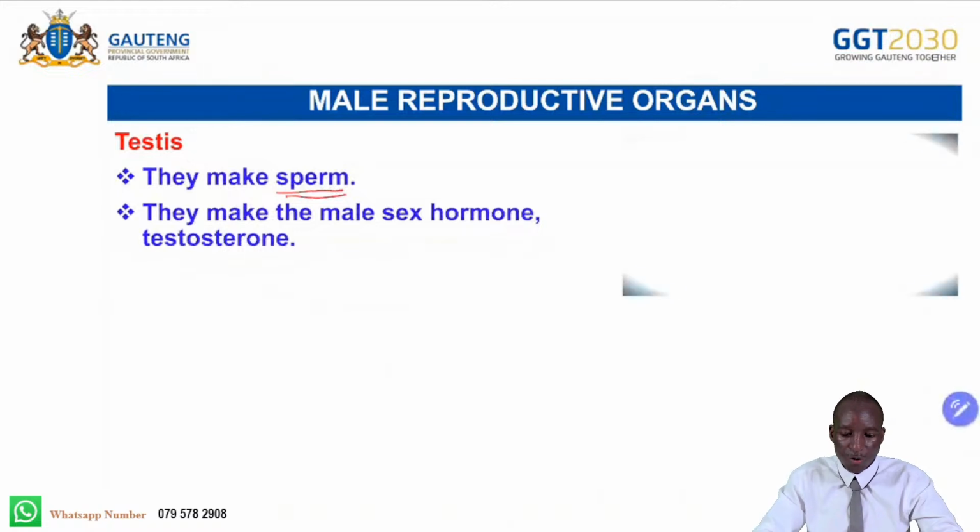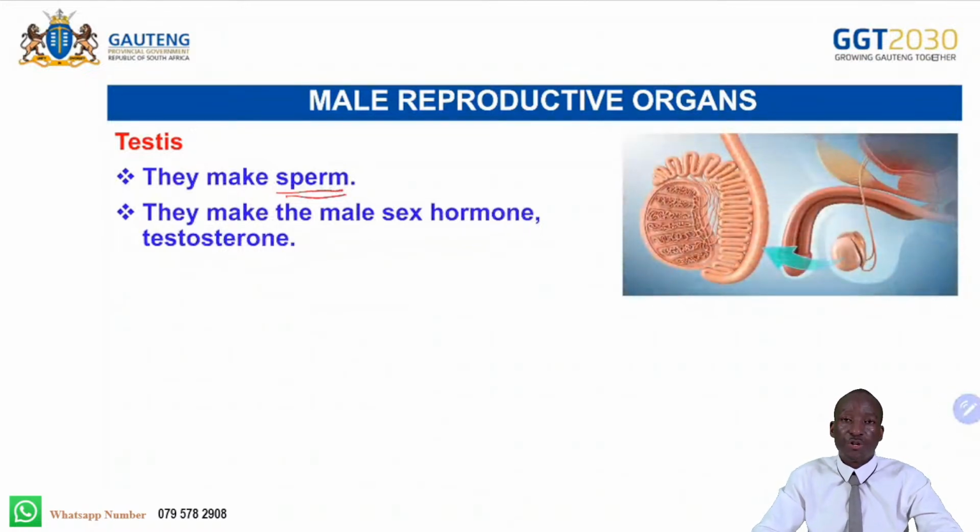Okay, so that's the testis. So this hormone is also produced in the testis. So the testis have a very important role to play, right? They make sperm and also they produce the male sex hormone, which is testosterone.